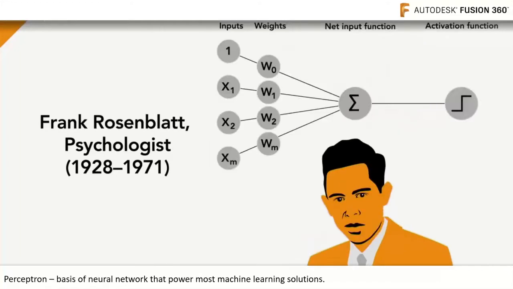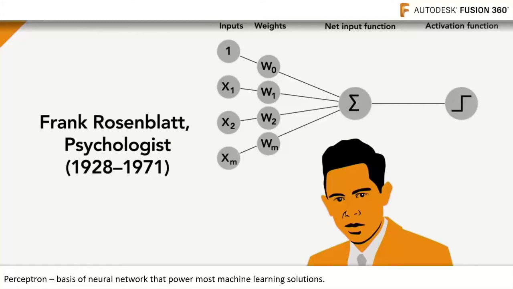And that was followed, 1928 to 1971, by the introduction of the perceptron, invented by Mr. Frank Rosenblatt, a psychologist. This is the basis of the neural network that powers most machine learning solutions, wherein different data are input for us to generate predictions and decision making.